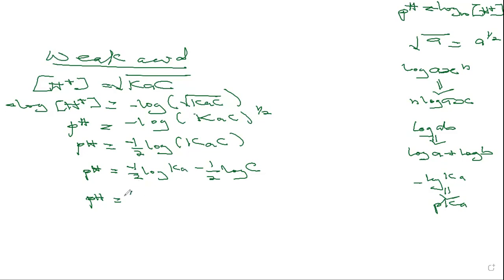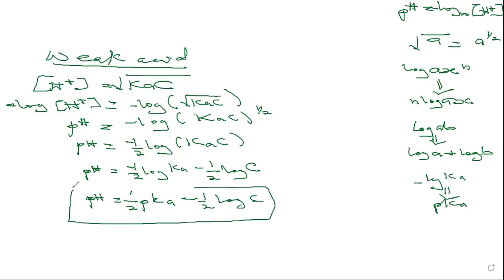My pH is half pKa, and then I have my minus half log C. So that is what we saw in the previous slide. You can see it here that we have our pH being equal to half pKa minus half log C.